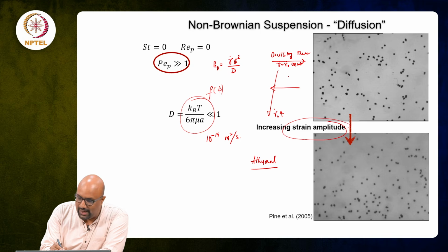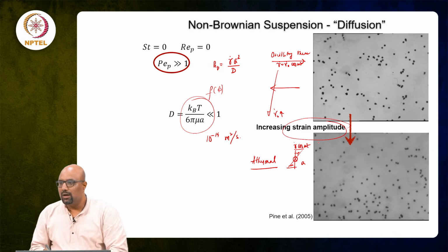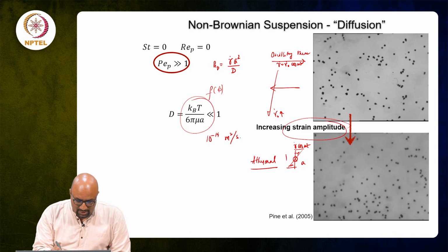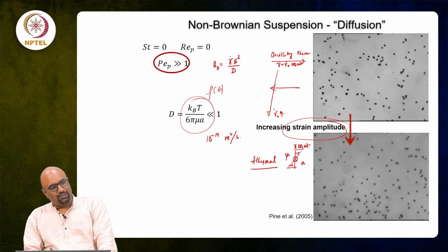Obviously, you are looking at this problem at the scale of a single particle. The particle has a length scale A, and then you have an oscillatory shear flow. Temperature is playing no role, obviously you have the viscosity of the fluid. So, how do I get something that has dimensions of diffusivity using this?